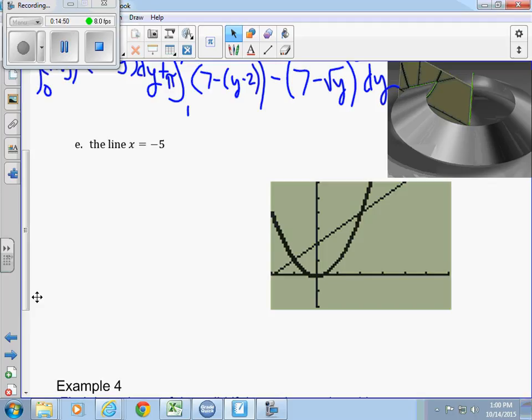X squared. The area between these curves. Yes. In this area, we're supposed to be like this, right?